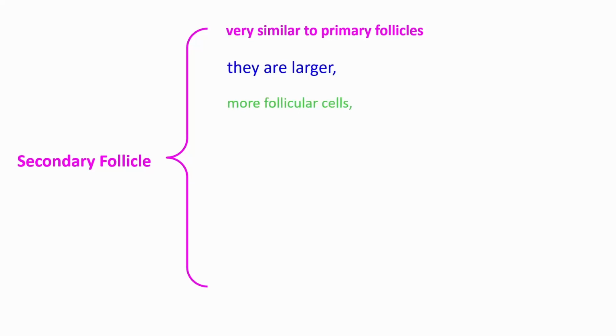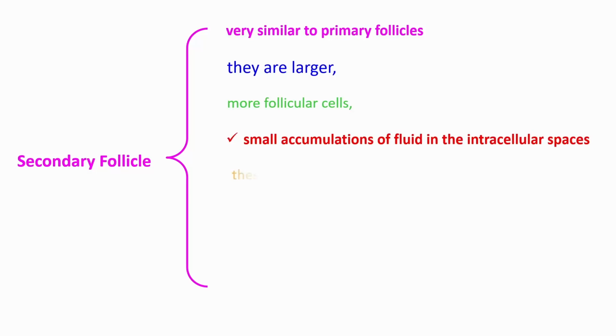Follicular cells, you know, have another name, granulosa cells. There is going to be small vacuole production, and these are small accumulations of fluid in the intercellular spaces of the granulosa cells. These spaces gradually are going to join together, meaning to coalesce, to form a large cavity, and this cavity is called an antrum.